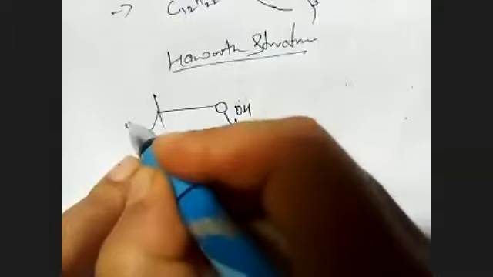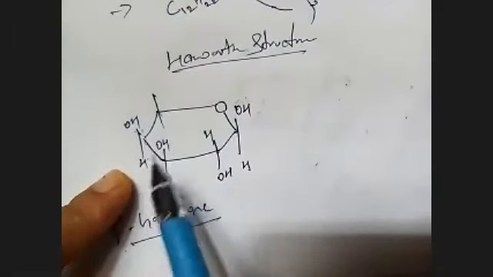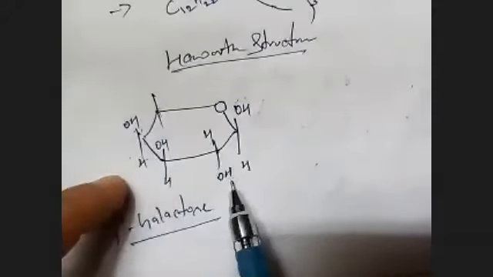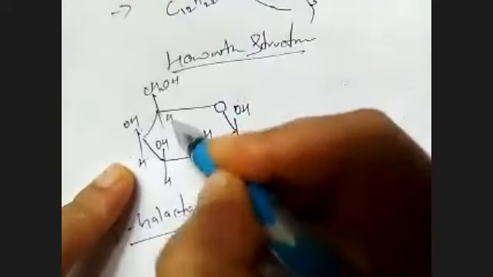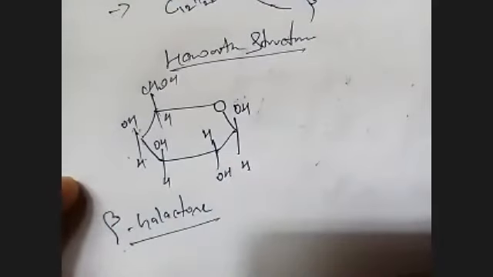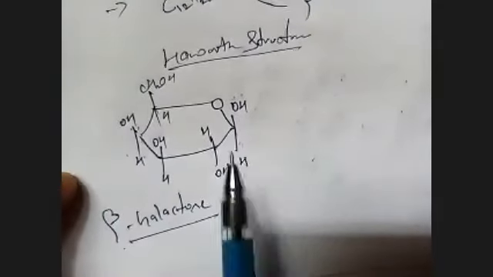You should remember, when you're comparing glucose with galactose, the change is in the fourth carbon. But when you're comparing alpha with beta, the change takes place in the first carbon, between the H and OH.